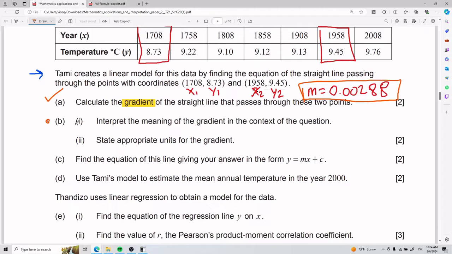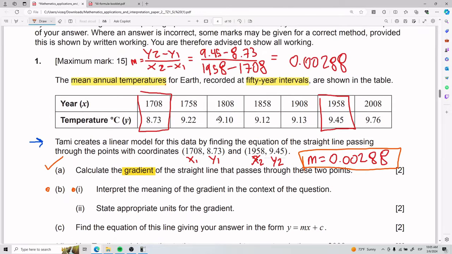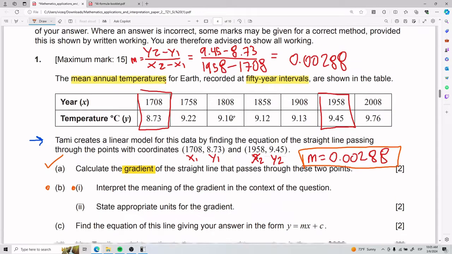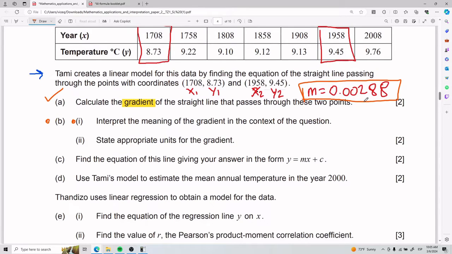For part B, part I, we need to interpret the meaning of the gradient in the context of the question. All right, so technically, the gradient, as we said, is a little bit like rate of change. Here I mentioned the rate of change. And so this slope is how x relates to y.